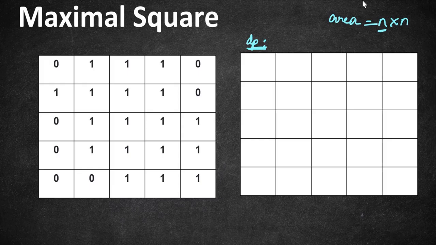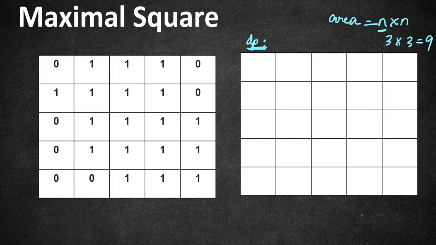If suppose the square's length is 3, then 3 cross 3 is 9, and that is going to be our output. So we are going to store at each cell the maximum side length of a square that we can form at this point. As I always say, DP is nothing but solving each small sub problem and coming up with a bigger solution using the solutions of the sub problems.